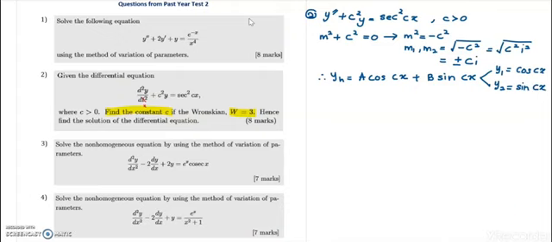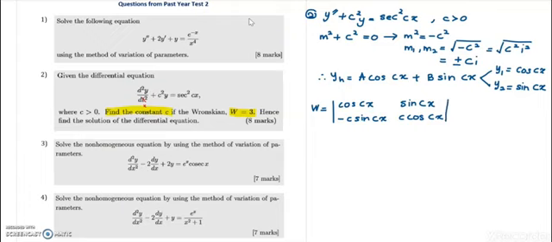Then we can form our W. W is y1, which is cos cx, and at the bottom, we have the derivative of cos, which is negative c sine cx. And y2 is sine cx, and the derivative of sine cx is c cos cx. Be careful, you have c and another c for the cos, so write the c and the cos carefully.